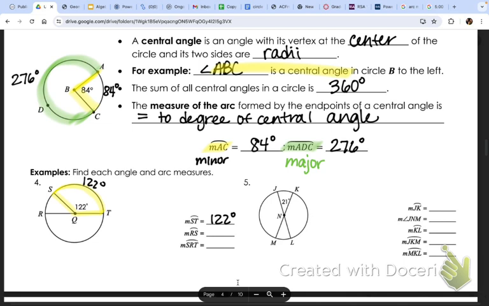RT would be a diameter, so you need to subtract probably from 180, right, to get SR. If I subtract, then 180 minus 122, do you have? 58, yes.